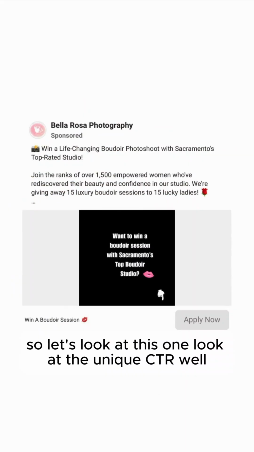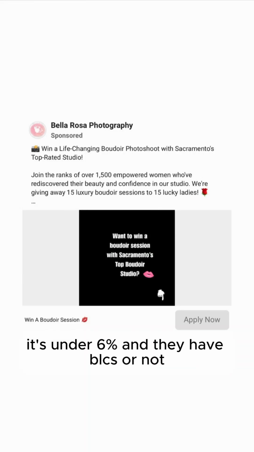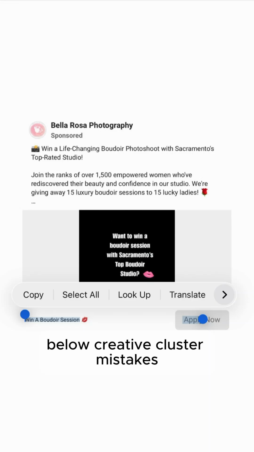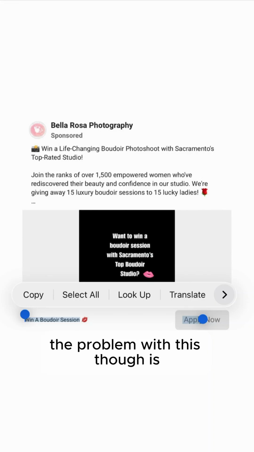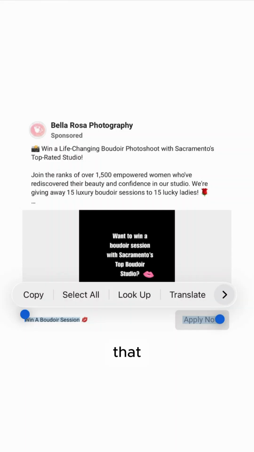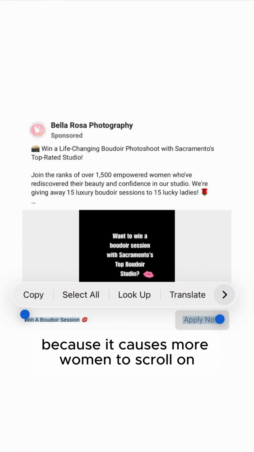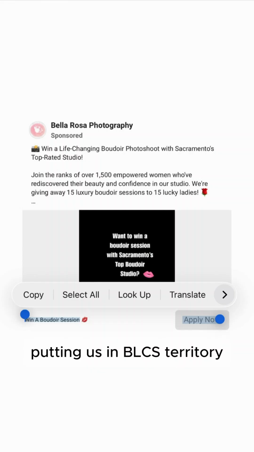Go look at the unique CTR. Well, we can diagnose it, see if we believe the unique CTR all is under 6% and they have BLCS or not. So, well, I see right here we got the below creative cluster mistake. So this is when we're filling out all the stuff Facebook recommends for us to fill out. The problem with this, though, is that Facebook's recommending us to fill these out because it causes more women to scroll on by, bringing our unique CTR all under 6%, putting us in BLCS territory.